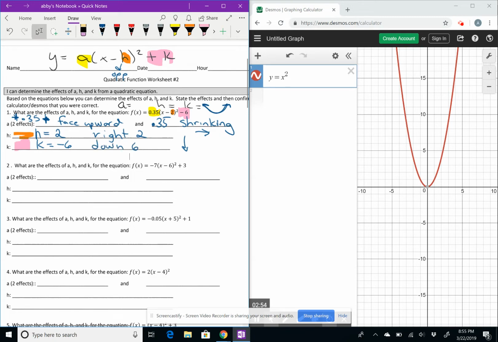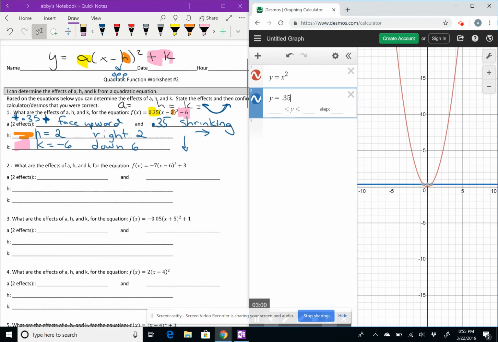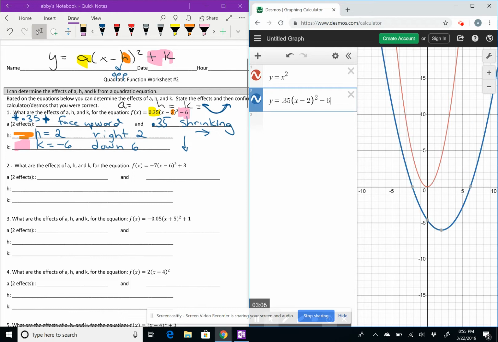Now as you get better with this, you're not going to need to graph it as much, but I recommend always checking the graph. So then we have x minus 2, quantity squared, minus 6. So then you can check. Your parent was at 0, 0, and now yours is at 2, negative 6.